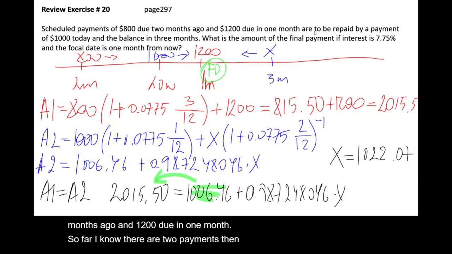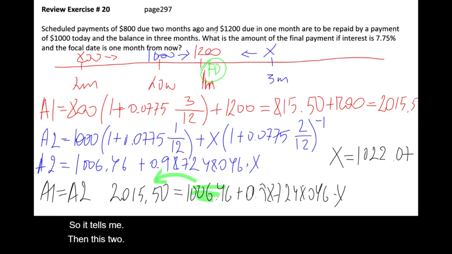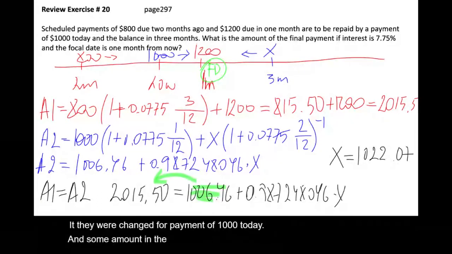Then I read they are to be repaid, so it tells me these two are not active anymore, and they were changed for a payment of 1,000 today and some amount in 3 months.